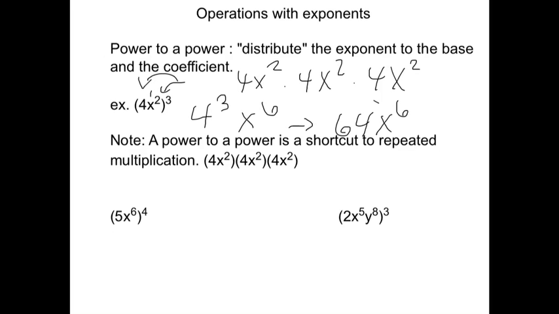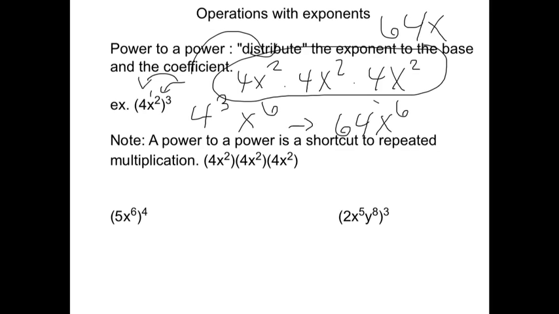The reason why this rule works is because if you were to use repeated multiplication and you were to list out the 4x squared times 4x squared times 4x squared, you could then use the multiplication rules that we learned 2 slides ago, which tells us that 4 times 4 times 4, which is multiplying the coefficients, would give me 64.